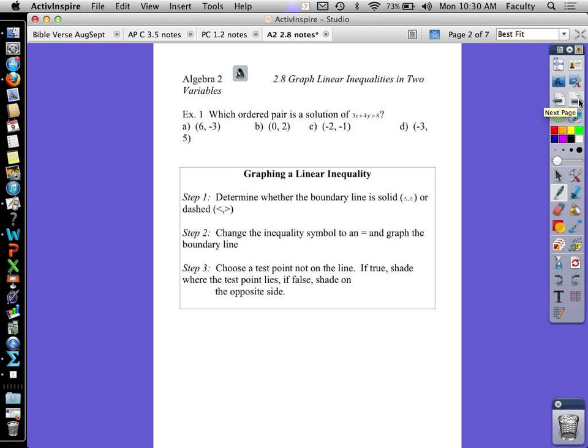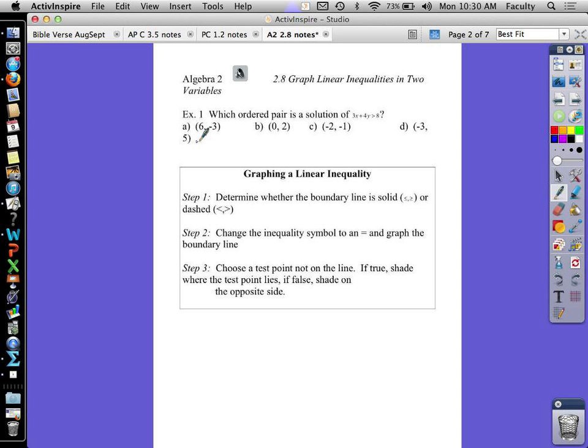In example 1, it says, which ordered pair is a solution of the linear inequality 3x plus 4y is greater than 8? Can anybody describe what we would need to do to figure this out? Plug them in. Right, exactly.